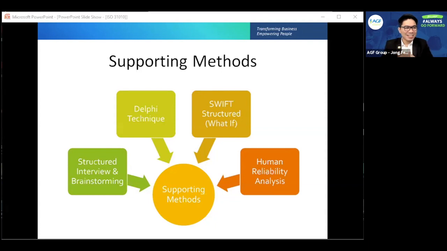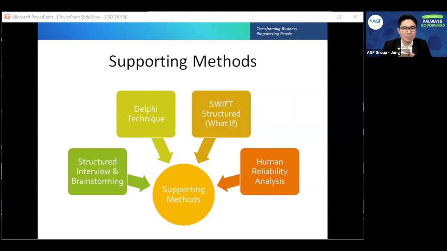The Delphi technique is a combination of expert opinions to support understanding of the source of the risk. That then influences how you identify the consequences. It comes from experts. SWIFT is a system to prompt everybody to identify risk right away, to say immediately what it is.